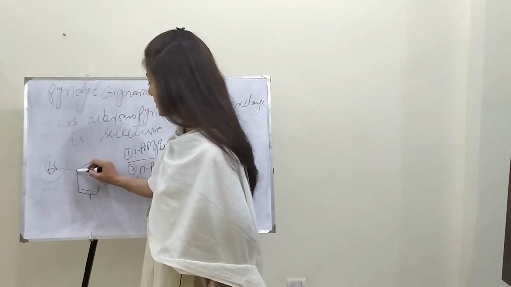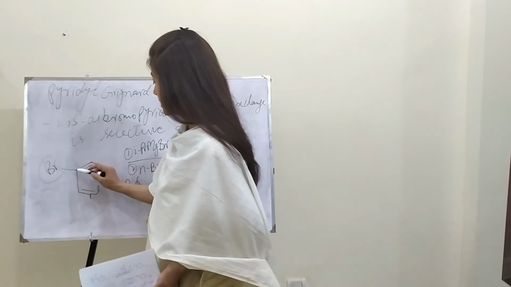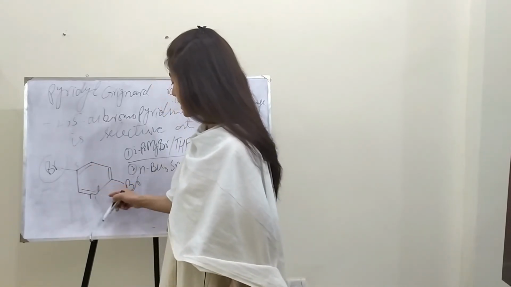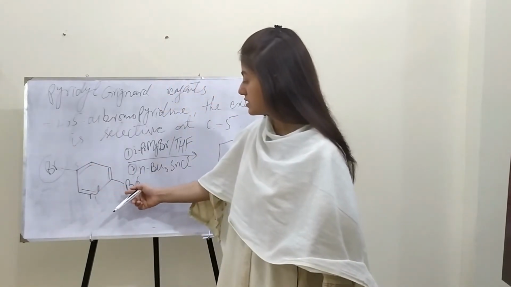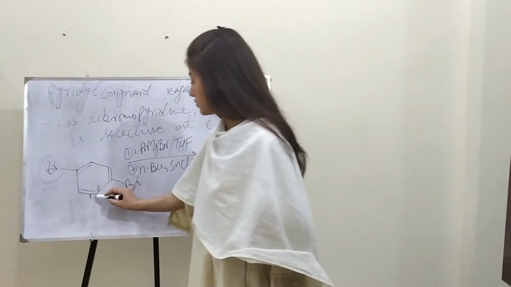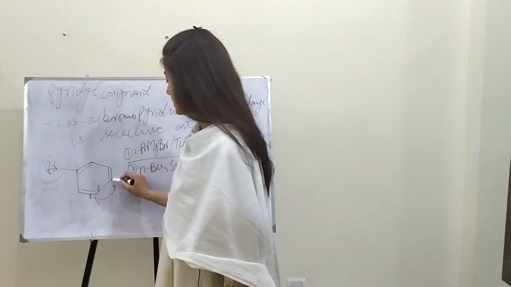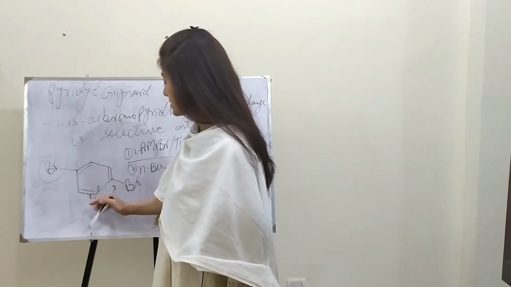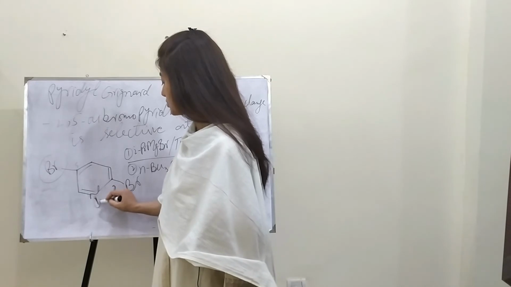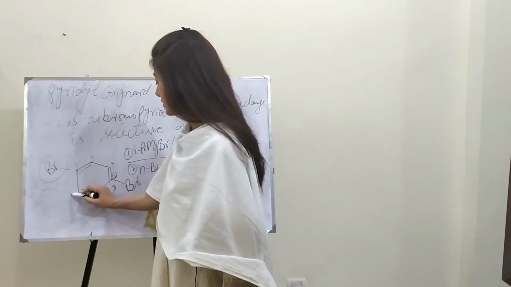bromine at carbon number 5, this is 5: 1, 2, 3, 4 and 5. We start the numbering from that direction which is closer to the substituents. So we will go in this direction because this substituent is closer to this nitrogen, and this is position number 1, this is 2, this is 3, 4, 5 and 6.